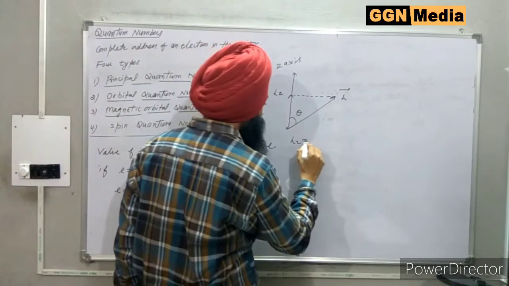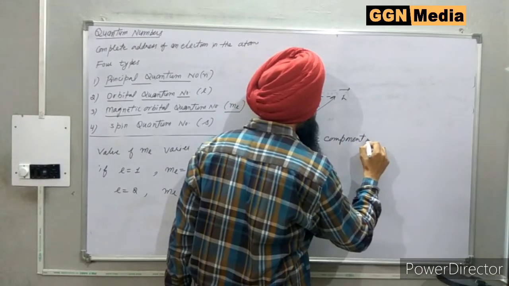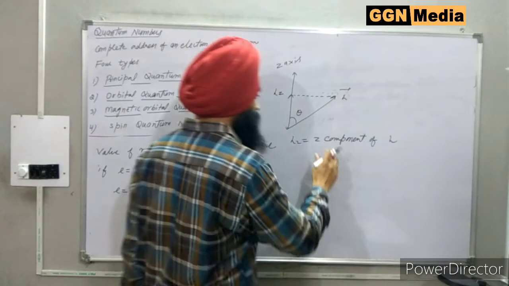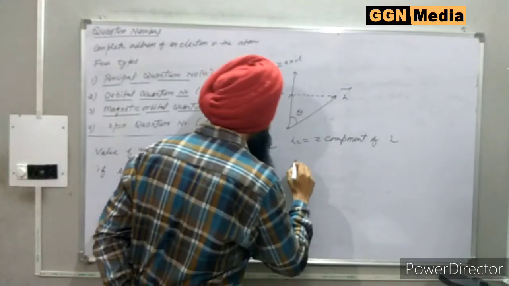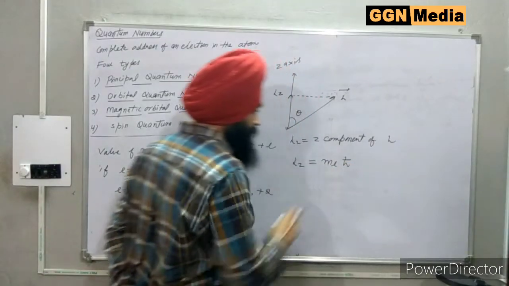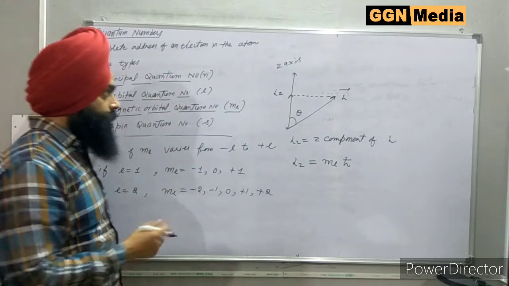This Lz is the z component of the orbital angular momentum. Its value is Lz equal to ml h cut, where ml is the magnetic orbital quantum number.